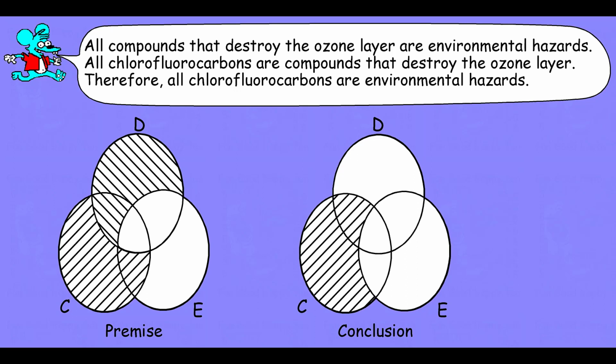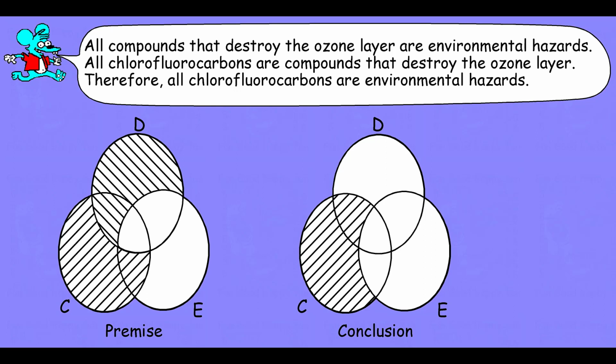At this point, I need to evaluate this argument for Boolean validity. So I look at my conclusion diagram, and my conclusion diagram says I need the areas outside of E in C to be empty, guaranteed, in order to guarantee that this conclusion is true.